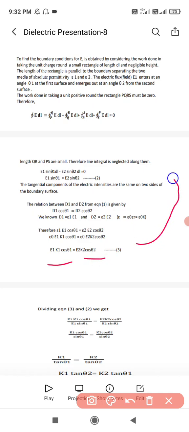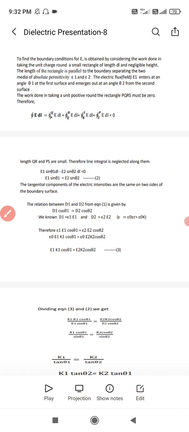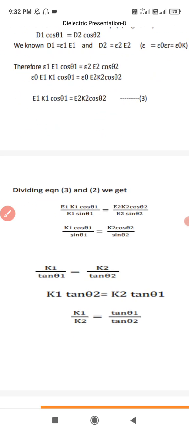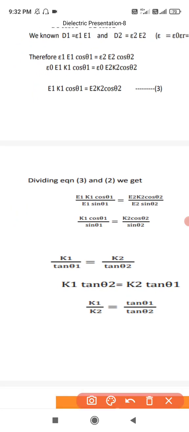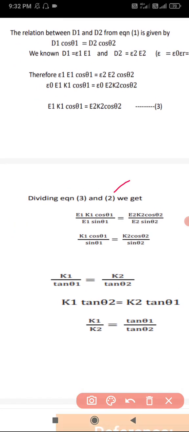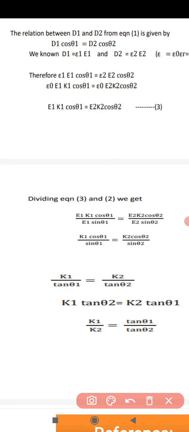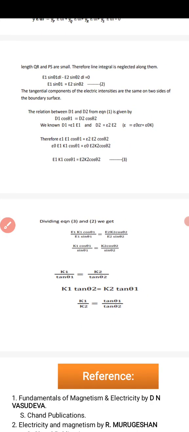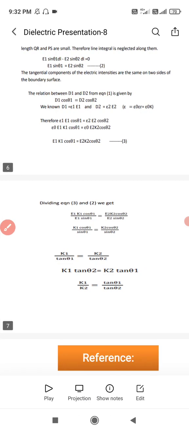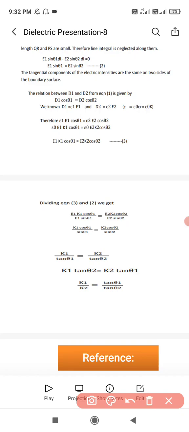Now dividing equation 3 by equation 2, we get E1 K1 cos theta 1 divided by E1 sin theta 1, which equals E2 K2 cos theta 2 divided by E2 sin theta 2. Here E1 and E1 cancel, and on the right-hand side E2 and E2 cancel.